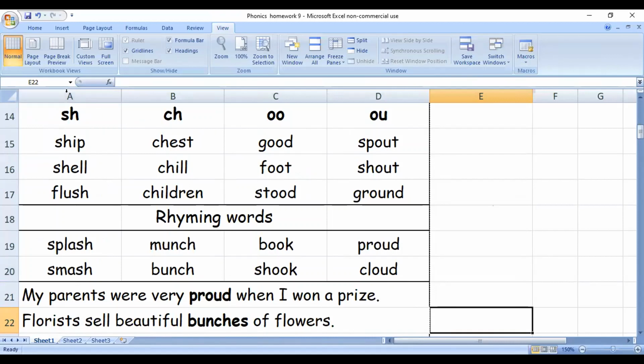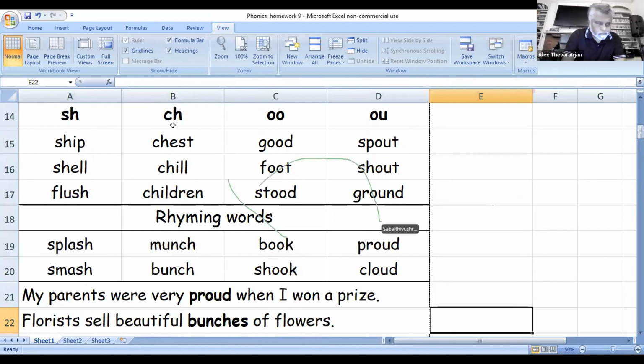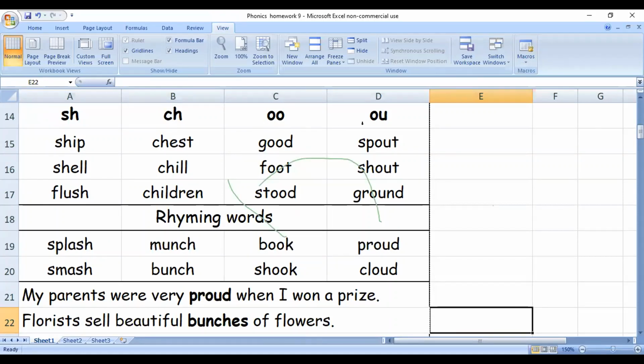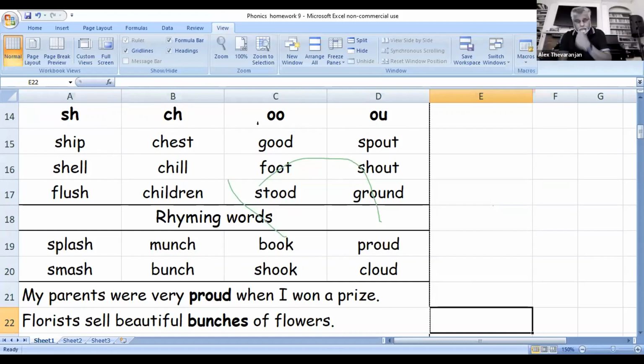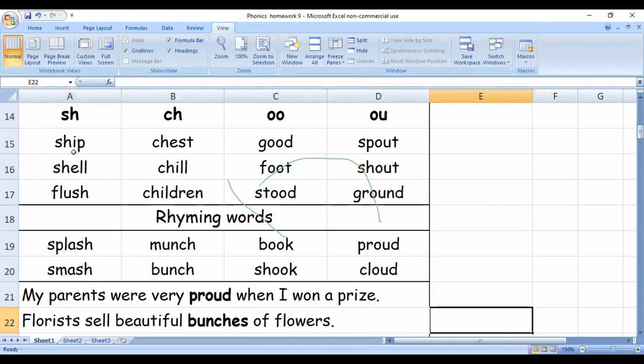Now this one together makes sh, and this one is ch, oo, and this one is ow. One more time I will go through them: oo, ow.